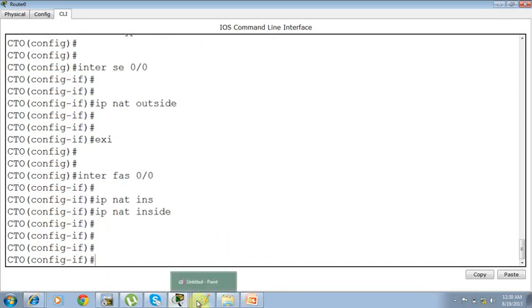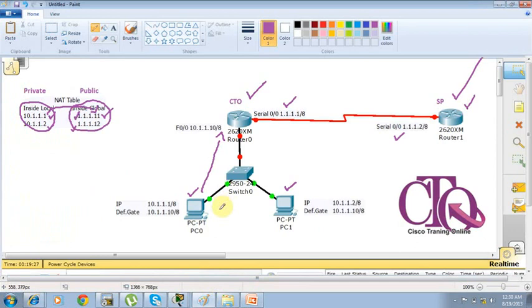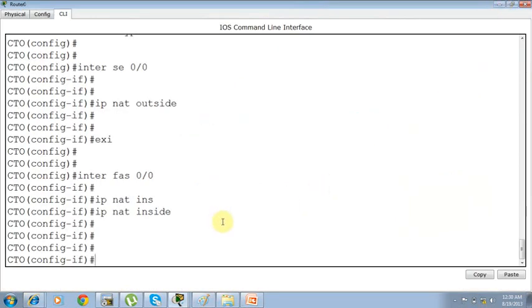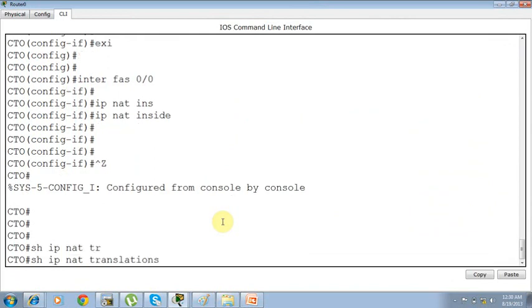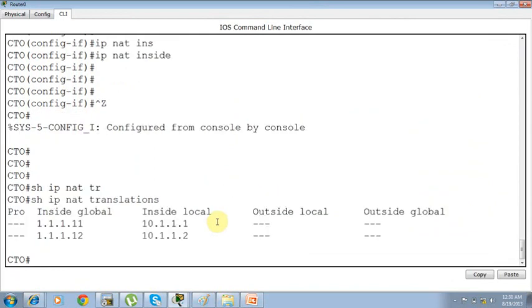Means, again we refer to the scenario, you can see here what will happen: I am configuring NAT outside on serial 0/0 where the traffic will go out, which means ip nat outside, and the FastEthernet interface is configured with ip nat inside. So now this is the command to identify the NAT table.